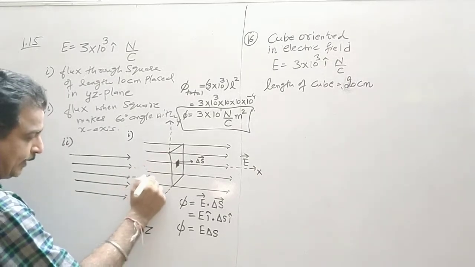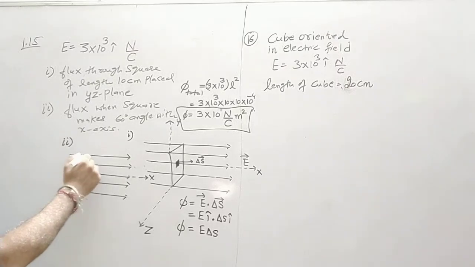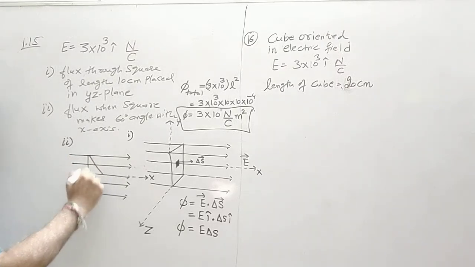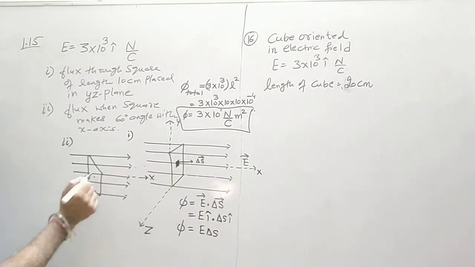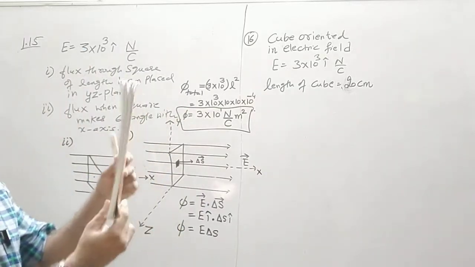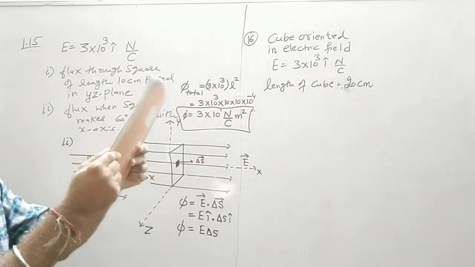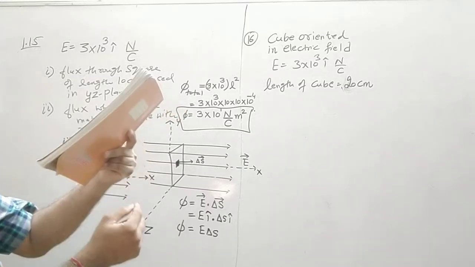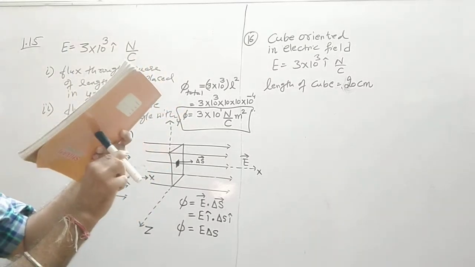So this is your x-axis. Now electric field intensity is making an angle of 60 degree. So now, this was held like this in the first diagram. Now I move it in such a way that area vector is always perpendicular to the plane.